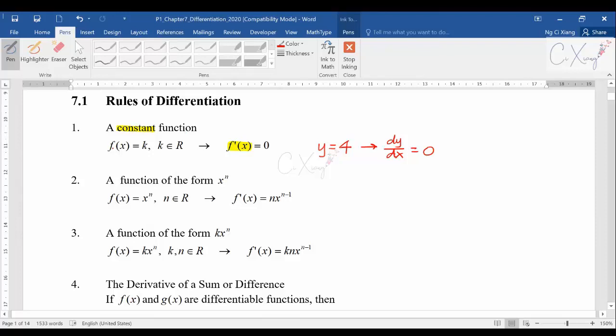If they give you the function f(x), then the differentiation will be f prime x. But generally, these two have the same meaning. So this is how we do a differentiation for a constant function.